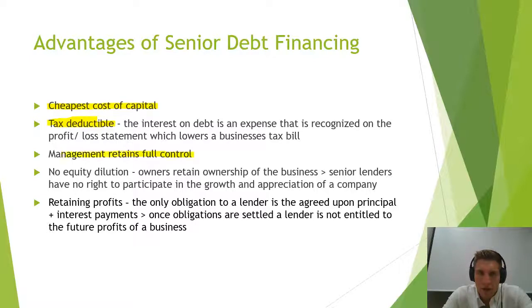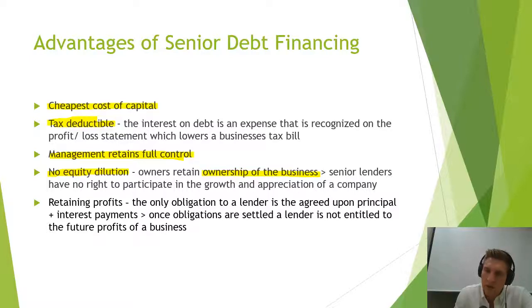Thirdly, management maintains full control of a business. So in most cases, senior lenders have no control over a company, and the shareholders of a business have full discretion on how to run their company. Fourthly, there's no equity dilution. All ownership remains with the shareholders of a company.